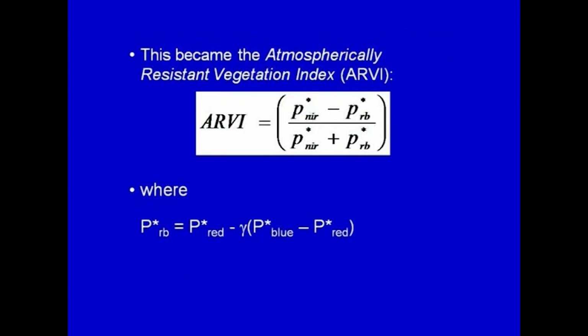Well, this indices is what we call ARVI, or atmospherically resistant vegetation indices, and it is represented by the equation wherein we take the difference between the near infrared minus the reflectance contribution coming from the red and the blue, where the red and the blue contribution can be expressed by the equation P RB is equal to P red, that is the red band, minus gamma, a factor, multiplied by the difference between the blue reflectance minus the red reflectance.